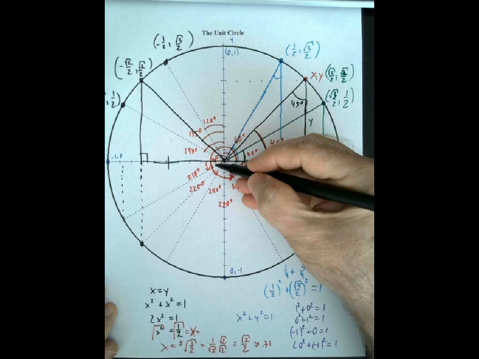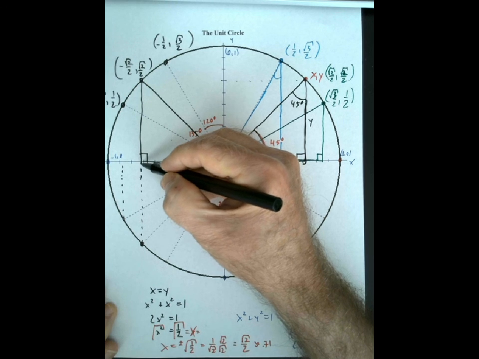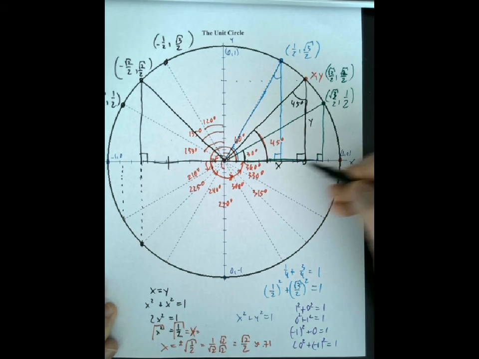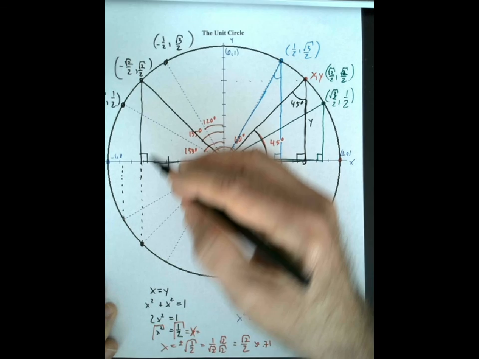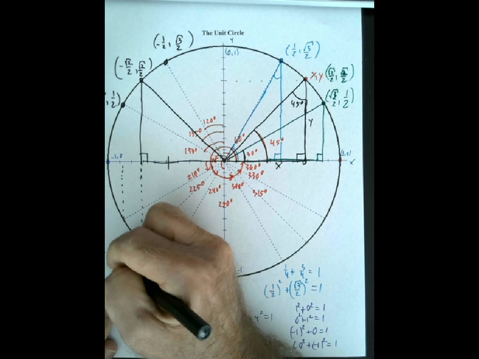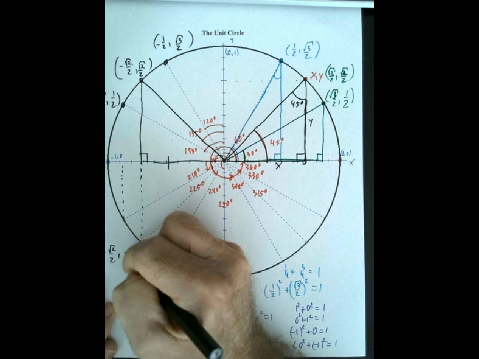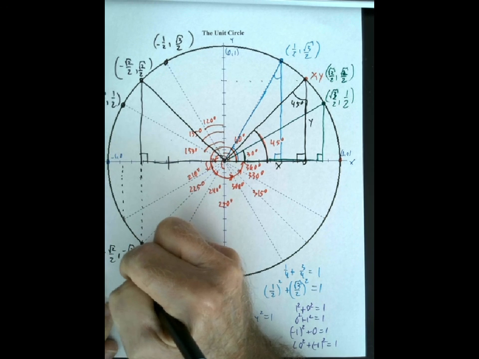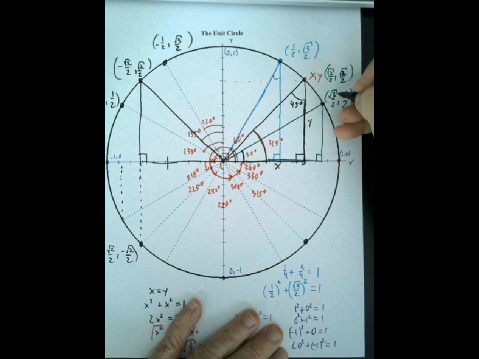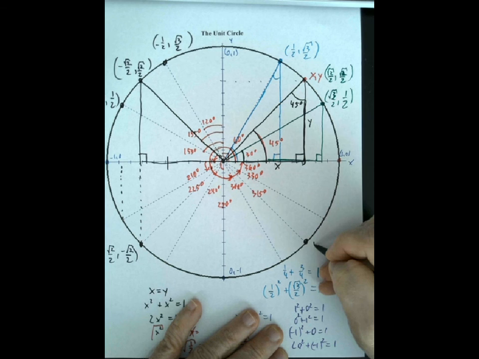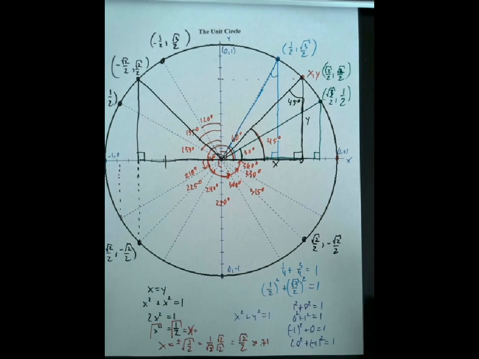And it's the same distance in the negative direction that 45 was in the positive direction, and the same distance in the negative direction that 135 was. So its coordinates are negative rad 2 over 2, negative rad 2 over 2. And this guy over here, which is 315, this is going to be rad 2 over 2, comma, negative rad 2 over 2. Again, we're just using the symmetry of the circle.